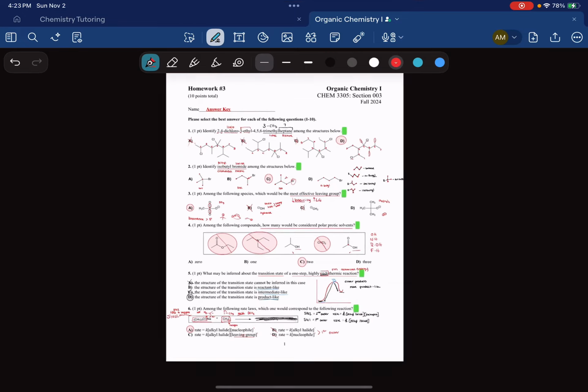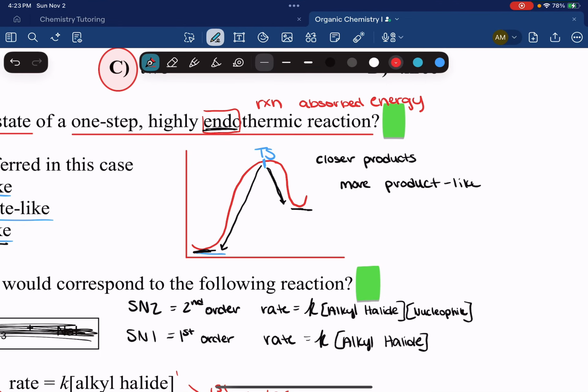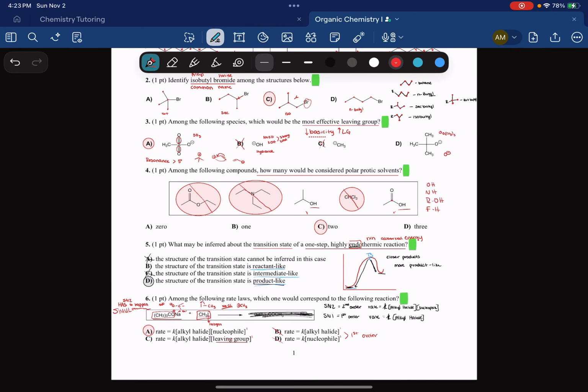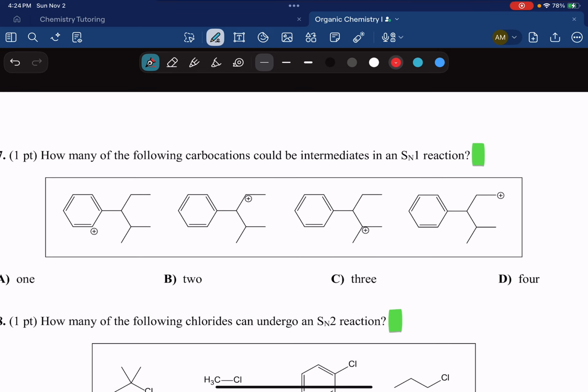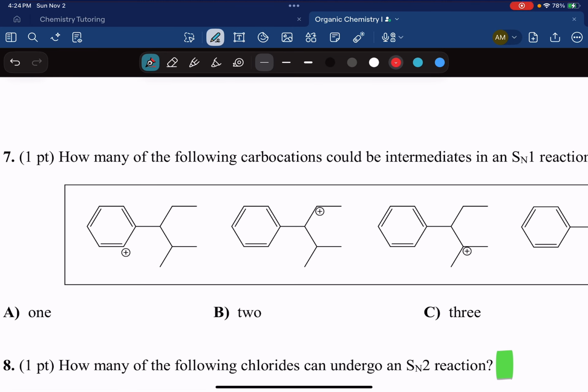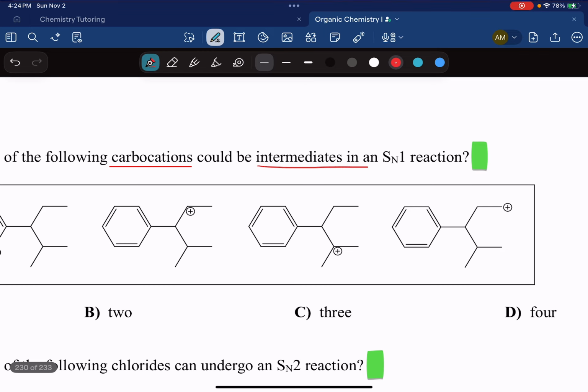Okay. Was our answer A? Perfect. A. All right, 4 more questions. Let's knock these out. How many of the following carbocations could be intermediates in SN1 reactions? So, what did we say about SN1 reactions? The carbocation is stable enough to exist on its own.